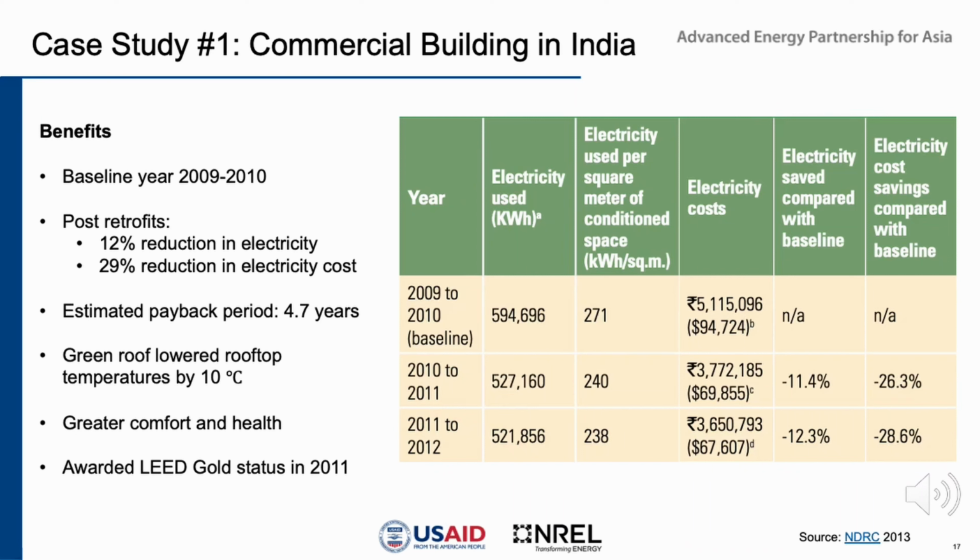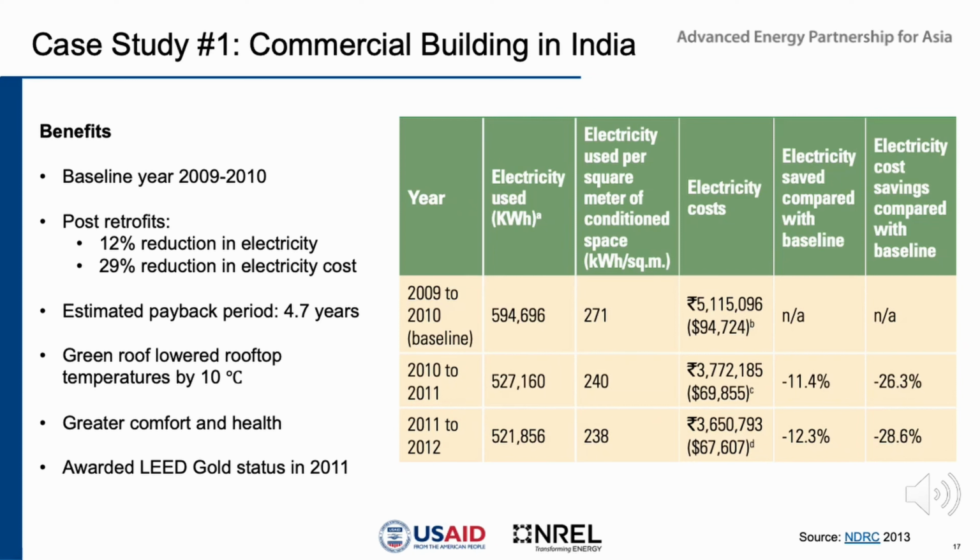In the post-retrofit world, electricity savings amounted to 12%, while the reduction in electricity cost resulted in a savings of 29%, which is quite significant. In the best scenario, we saw an estimated payback period of 4.7 years, which is quite modest. In other scenarios, that payback period was longer.